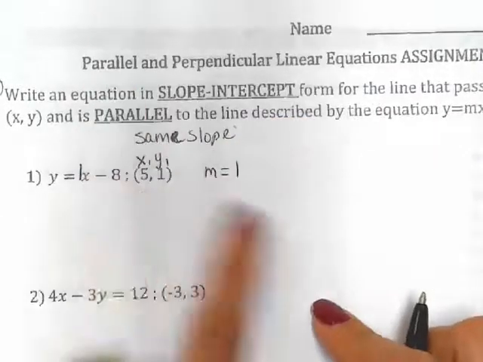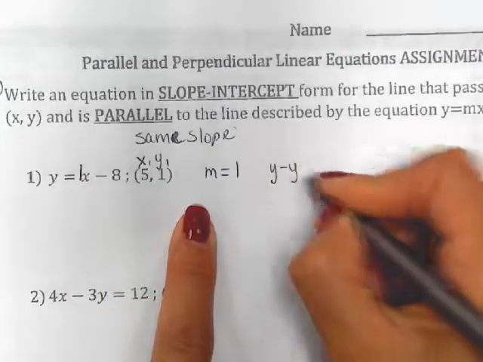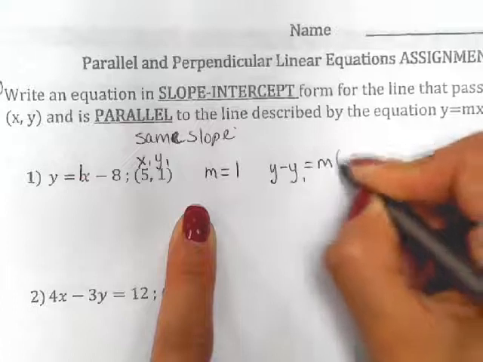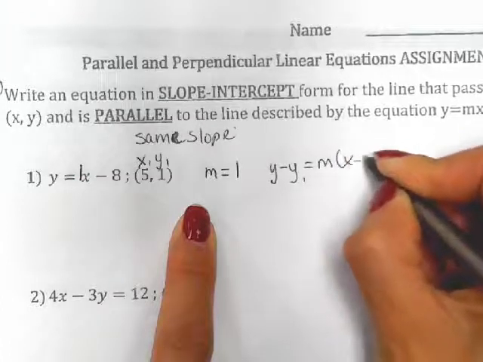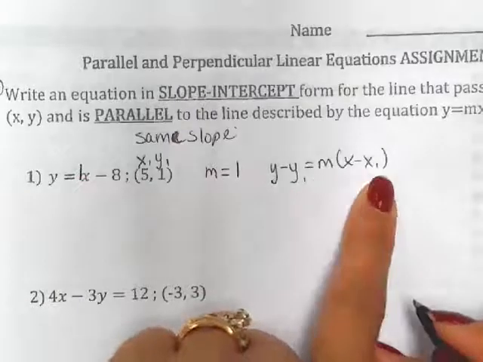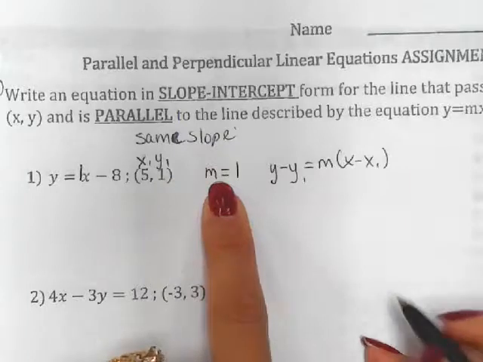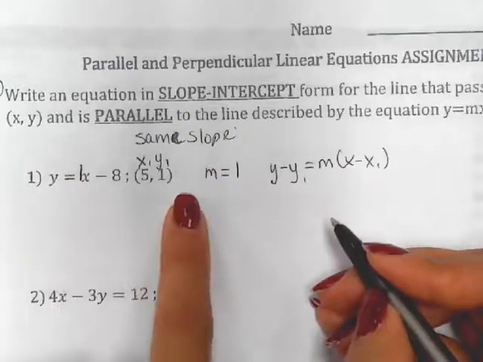So this handout is actually a continuation of the last one, where we're going to use the point slope form again. The equation, y minus y1 equals m(x minus x1), and this is my x1 and y1, and this is going to be my slope, the same slope because they're parallel.